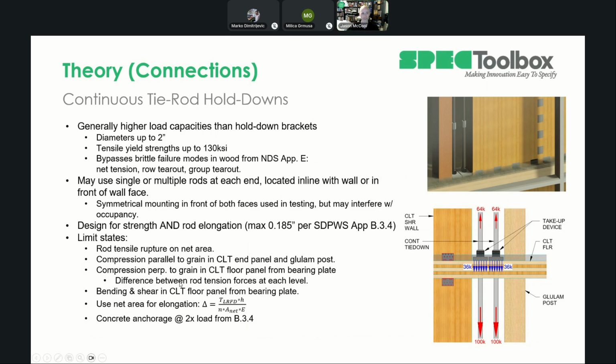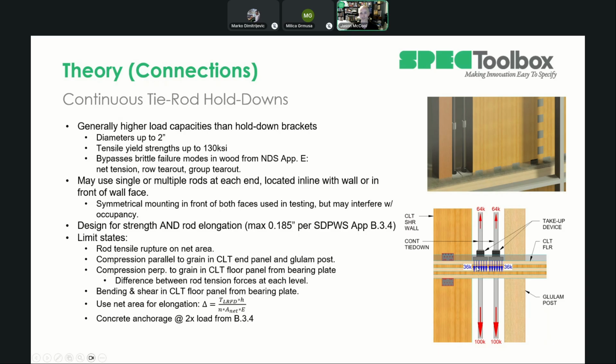You've got the compression perpendicular to grain, and this is usually one of your governing limit states, because you are getting some big reactions. Like this is two 36 kip concentrated loads in a pretty small area here. And then I'm using a glulam post to support this, so I've got a really narrow space here, but if I didn't have this post here, bending in that panel could really become an issue.